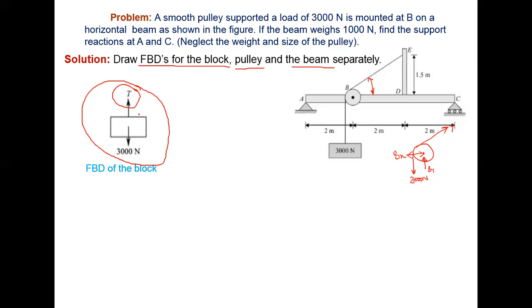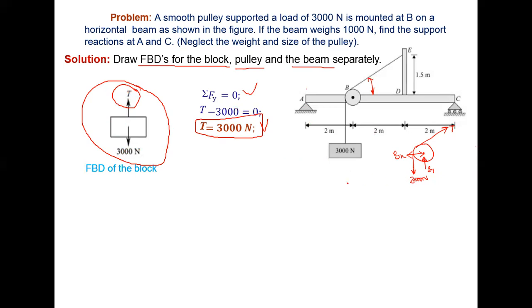So you can apply the equilibrium equation and determine the tension. So T is equal to 3000 Newton. It is obvious, equal and opposite forces are acting on this block. That means the system is in equilibrium.